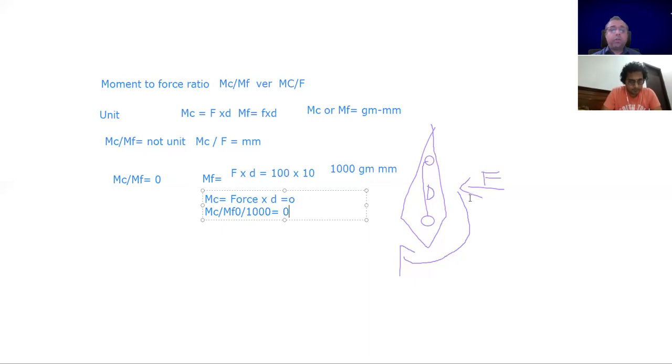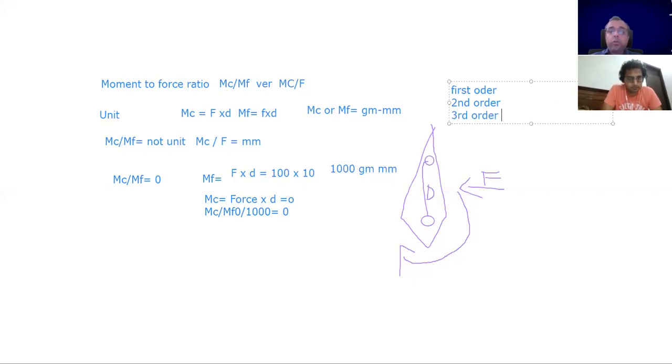One thing I want to explain: when we give the example of the canine, we are calculating the moment to force ratio in the second order, because we can calculate moment to force ratio in three dimensions. First order is the in and out bends. When calculating the moment to force ratio for canine retraction, we are calculating it in the second order direction. And when calculating it for incisor torque or incisor retraction, we are calculating it in the third order direction.